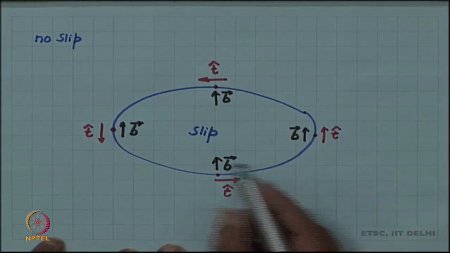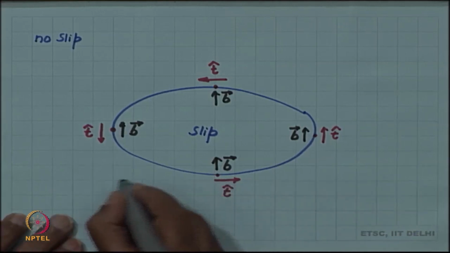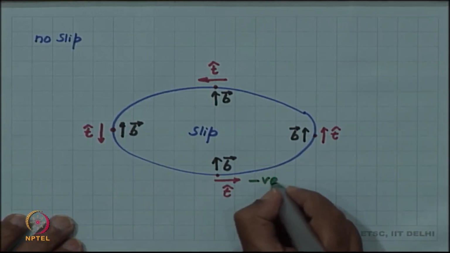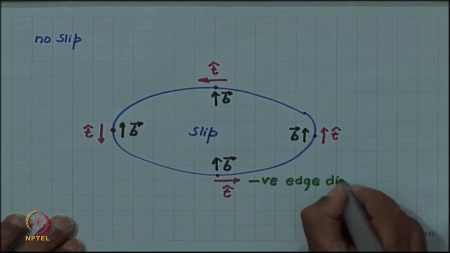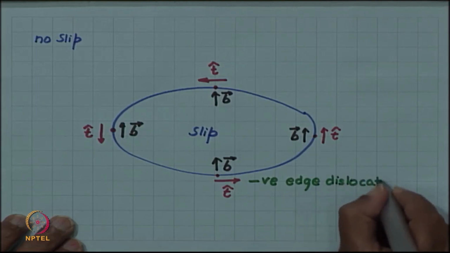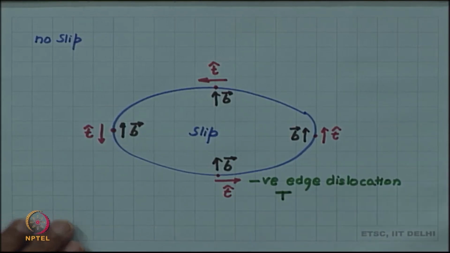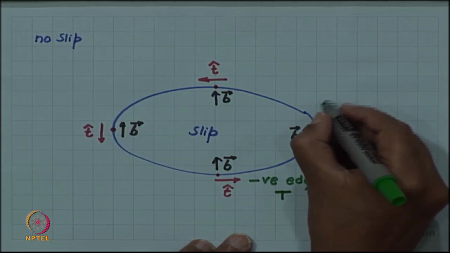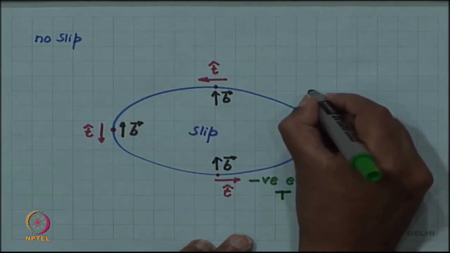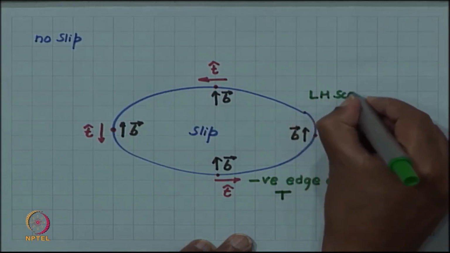So, we have an edge dislocation, a negative edge dislocation here, and we can denote it by a symbol T. At this point T and B become parallel, and according to our convention this will become a left handed screw dislocation.